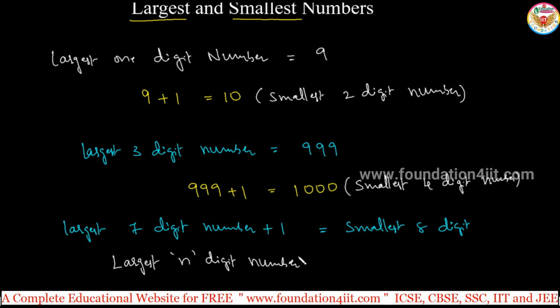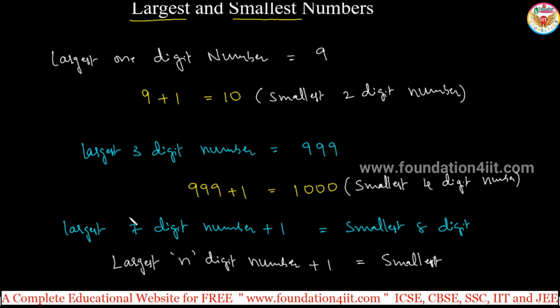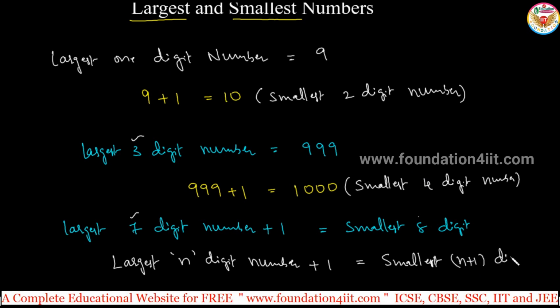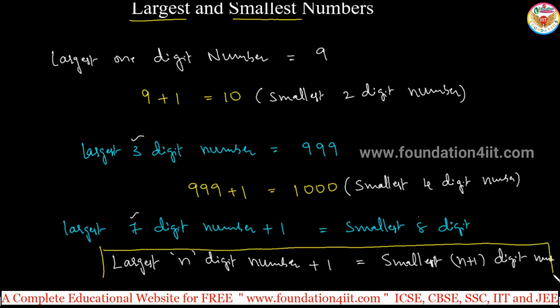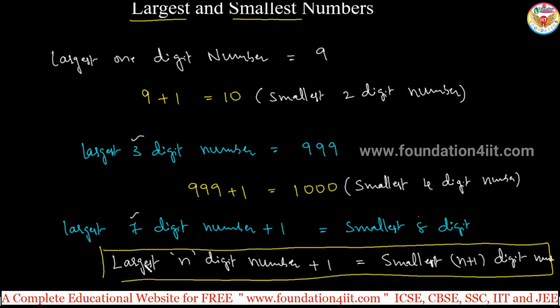So the largest n digit number plus 1 is equal to the smallest n plus 1 digit number. Now this is the pattern: the largest n digit number plus 1 is equal to the smallest n plus 1 digit number.